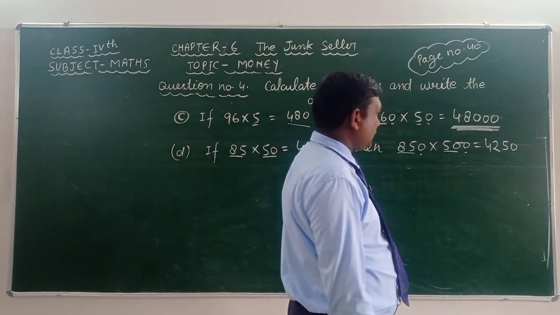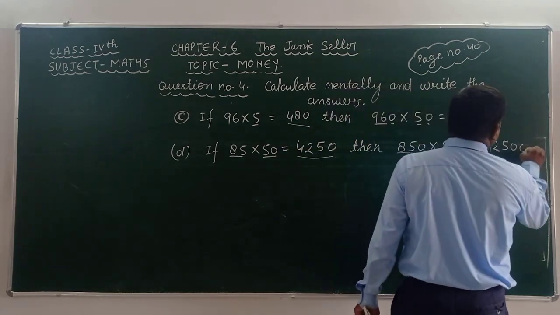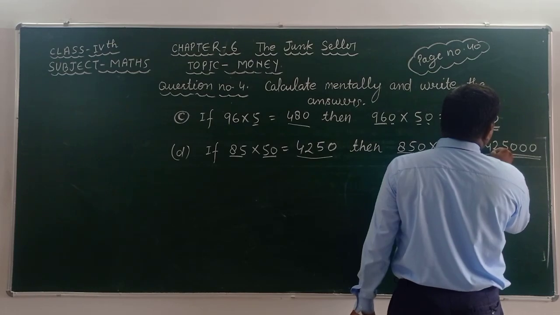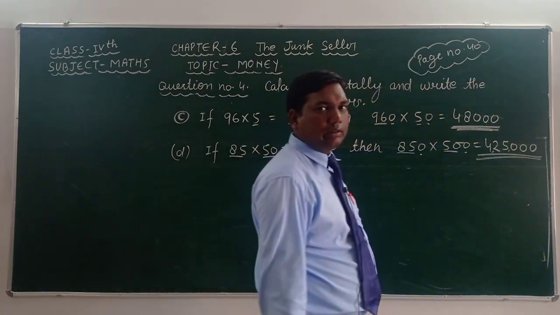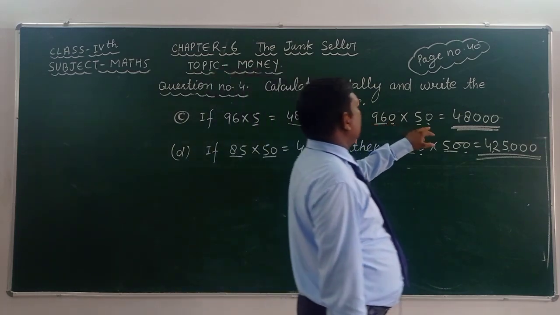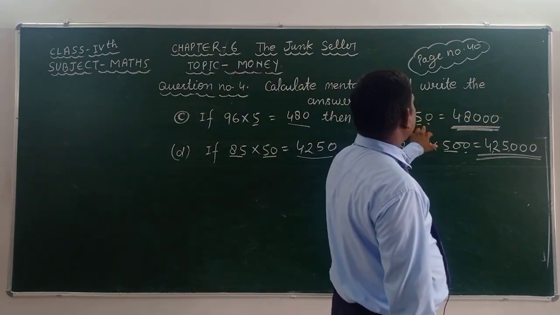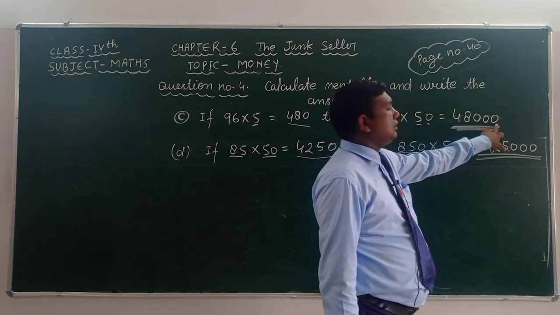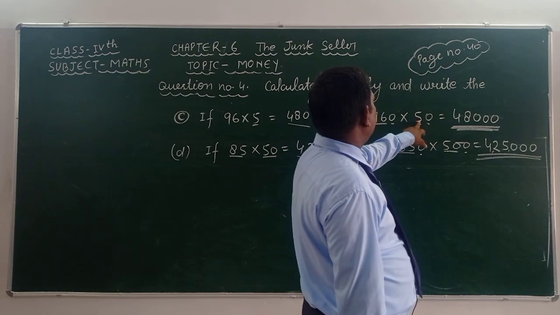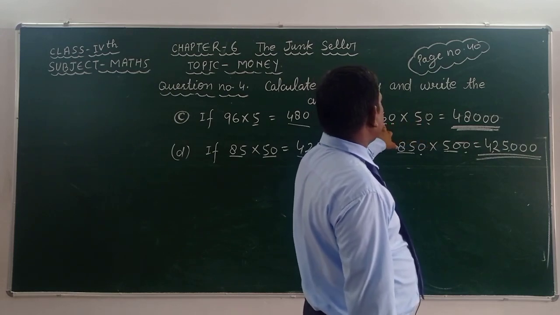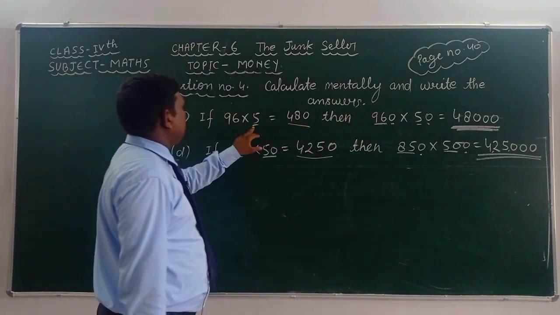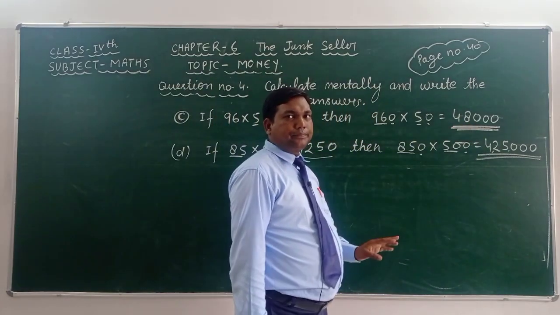Therefore we write 20 as same, then the answer is 4,25,000. Dear students, in this question, if we take the multiplication of 5 by 96, then we get 480. Understand this type.